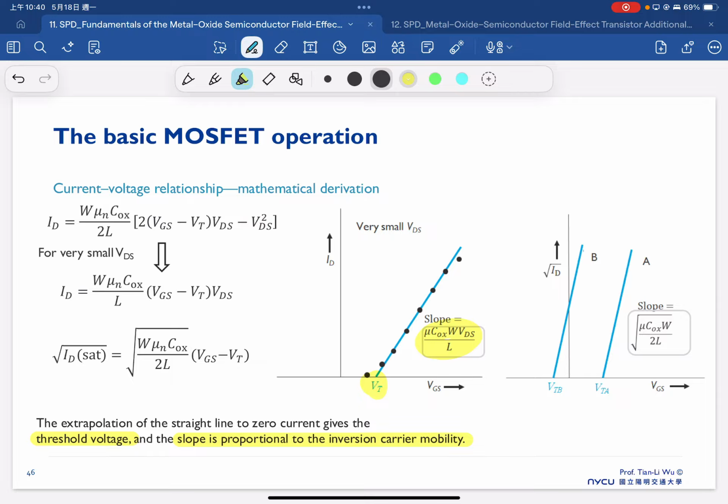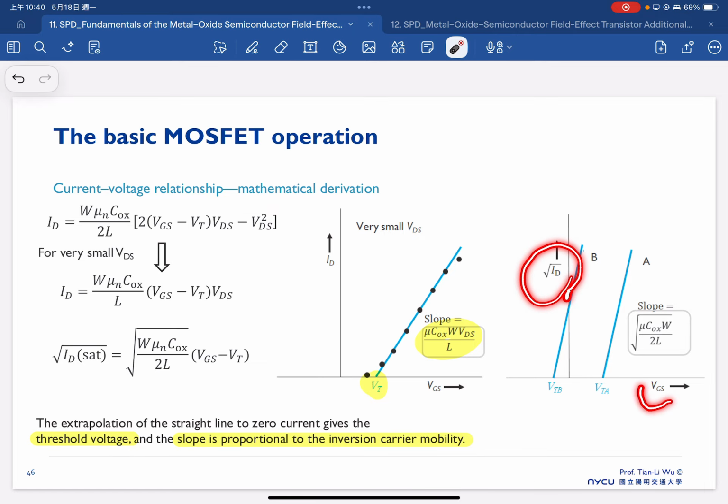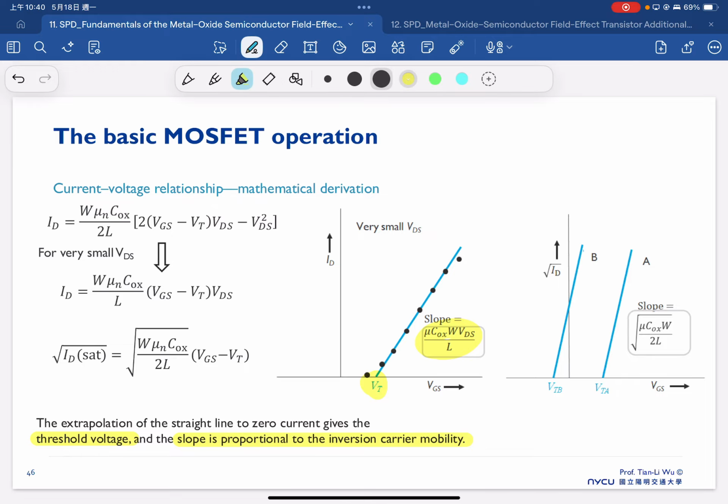So by considering ID versus VGS, we can get the VTH and also the mobility. But if you consider the square root of ID versus VGS, we can also have the slope, which is also related to the mobility.